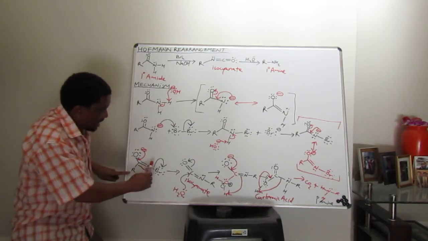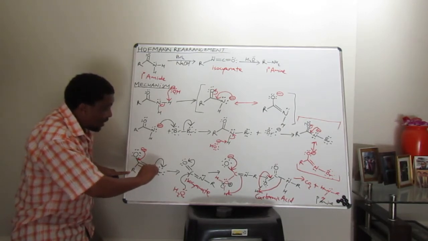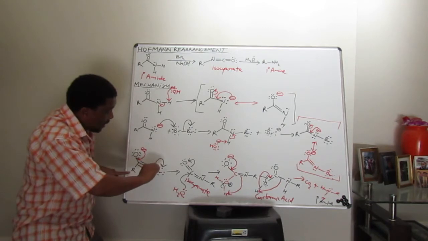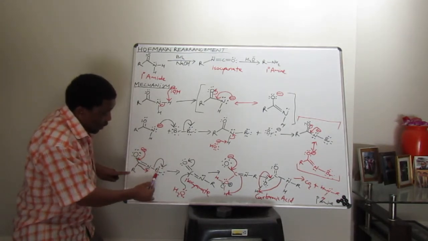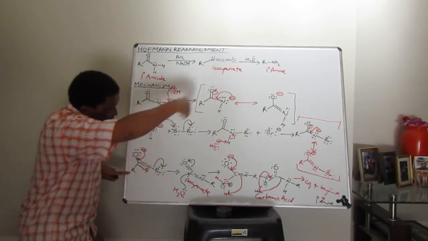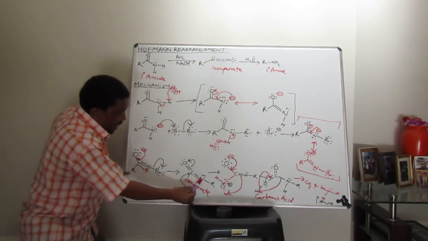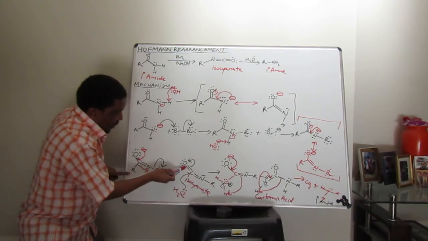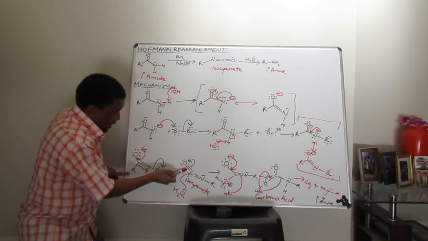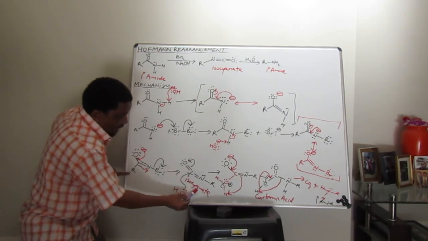As soon as it does that, this other bond which was there is kicked out, so to speak, and those electrons go with your bromine to give us another bromide. Then we have established a new bond between nitrogen and your alkyl group or aryl group, and there we've generated a C double bond O. This structure is referred to as isocyanate.